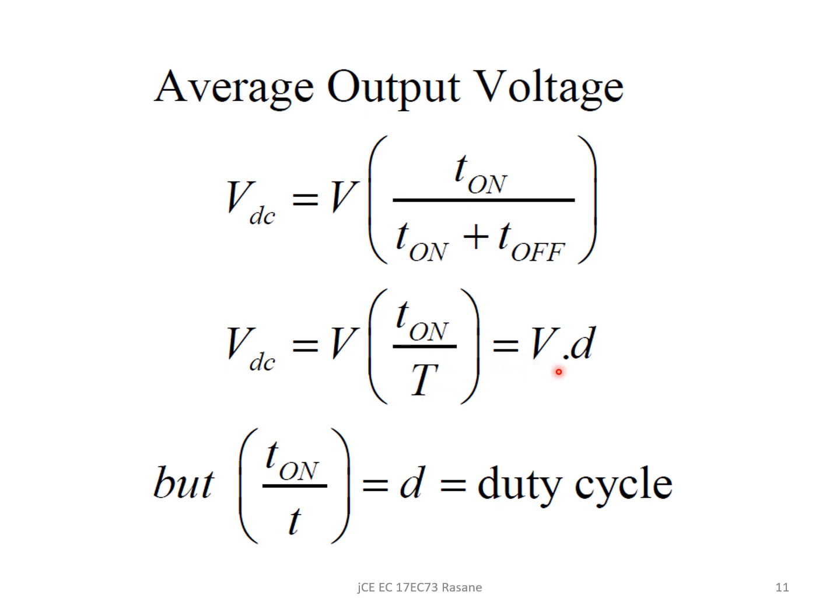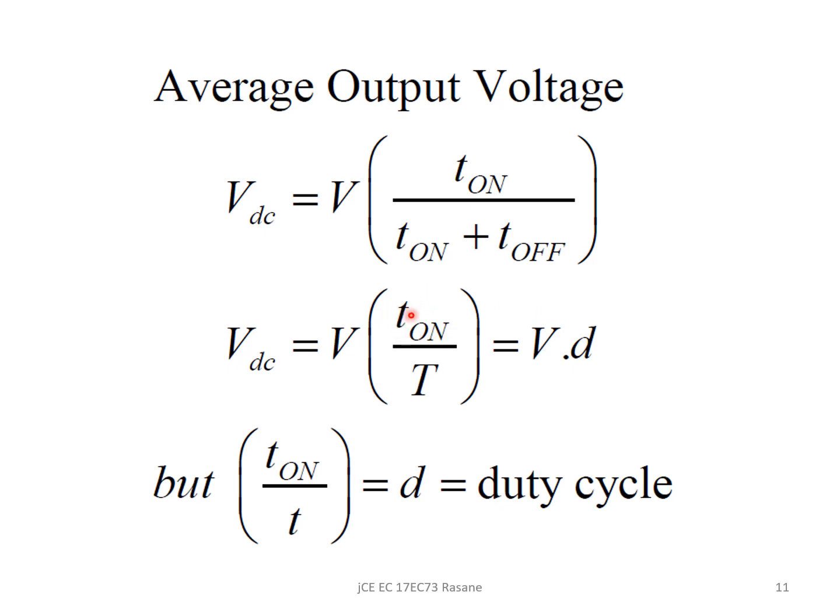That is equal to V into, I'll call this term D, some people refer to it as K. That is nothing but the duty cycle. So what we know is output voltage is equal to the input voltage into the duty cycle. If T on increases, duty cycle will increase and the output voltage will increase.